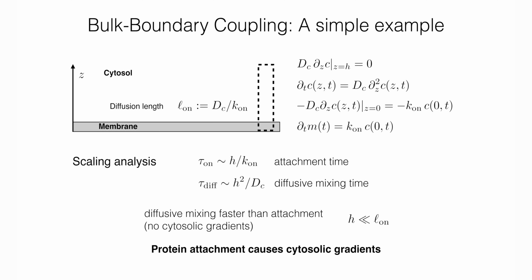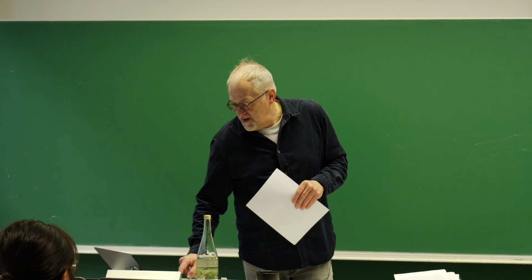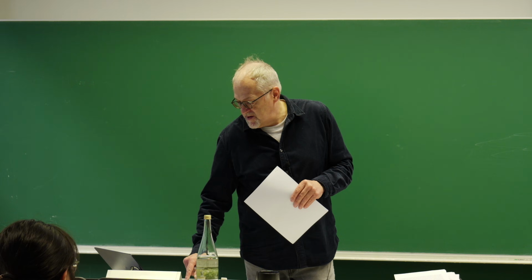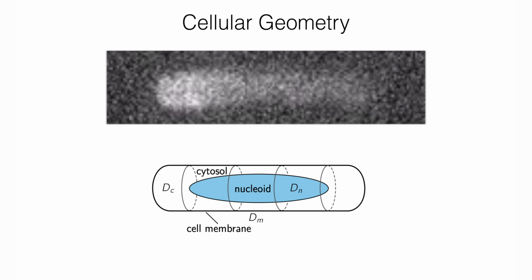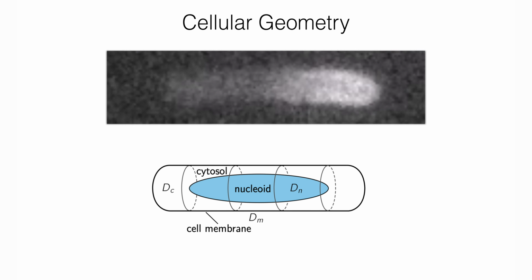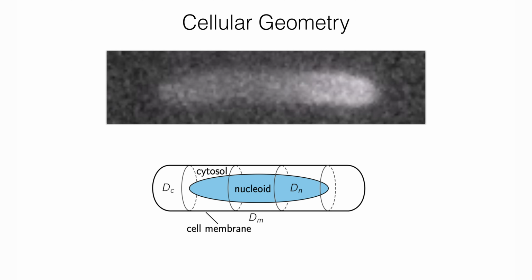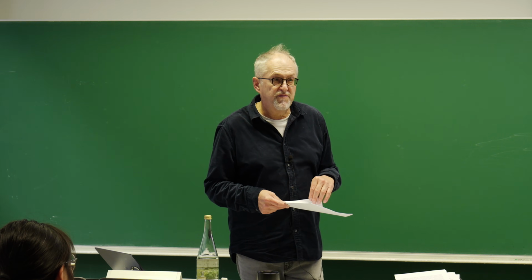And then we'll move into real-life problems where we study the min protein system that gave rise to these beautiful oscillations that you saw here. Right, so we're really going to dig into how we formulate a diffusion reaction model for such a biologically relevant system for all the components and with the bulk boundary coupling.